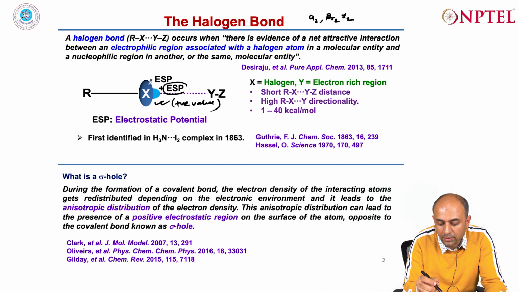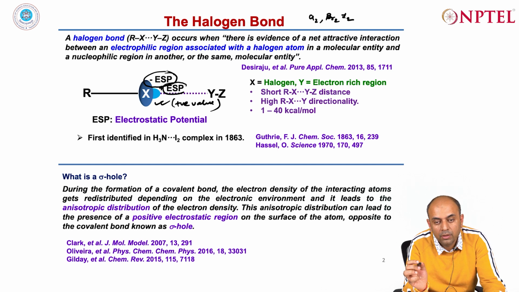Whereas, if you look at the region perpendicular to the bond axis, then it will have a negative electrostatic potential. So, this electrostatic potential, which we will look at further, is a very fundamental quantity which governs and is related to the electron density distribution of atoms and molecules.